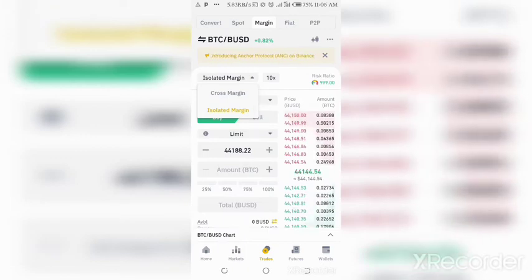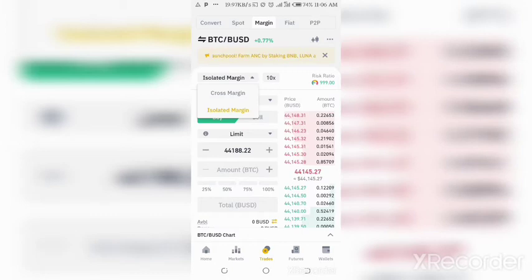That is not the case with isolated. Like I've said, if for isolated you had $60 but traded $40, the $20 that remains will not be used to keep that position going, which is how it is in cross. In cross margin, by the time you're liquidated, the $20 will also be used up.